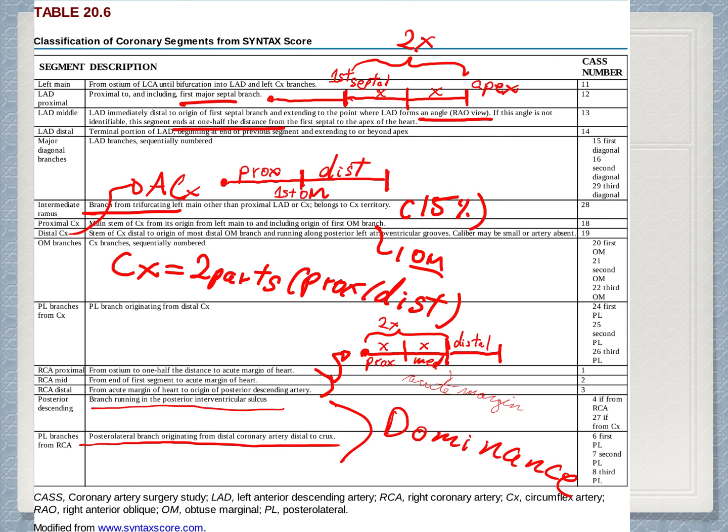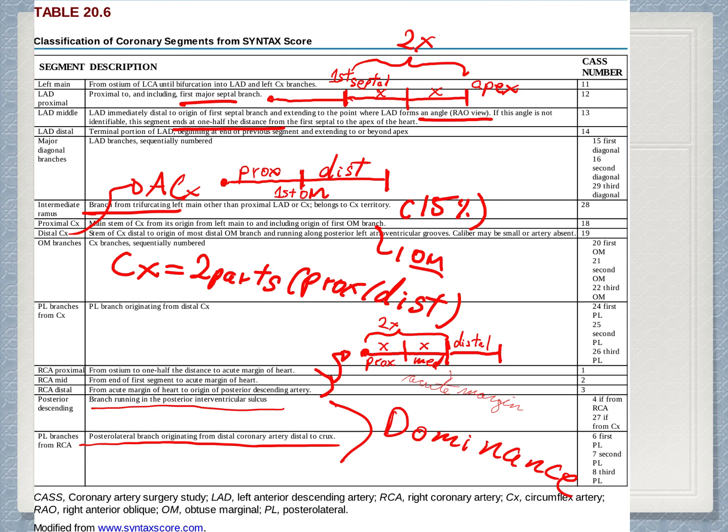Then how to divide the right coronary artery? Go from where it comes out of the right coronary sinus, and it says the proximal is from the ostium to half the distance to the acute margin of the heart.